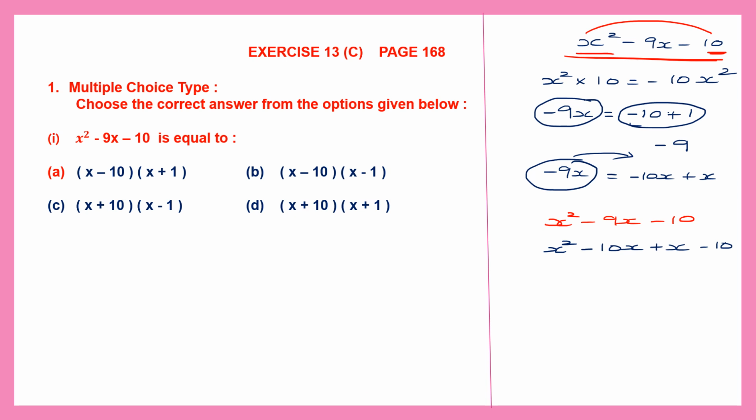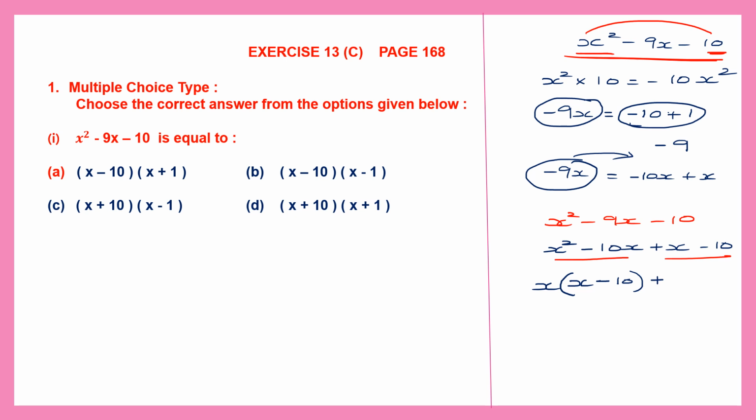So let me take the first two here and the last two here. Let me take out the common factor there, which is x. So once I take out x, what is left inside is x minus 10. Now I have removed x from here, so the only thing left is 10. So I have minus 10 here.